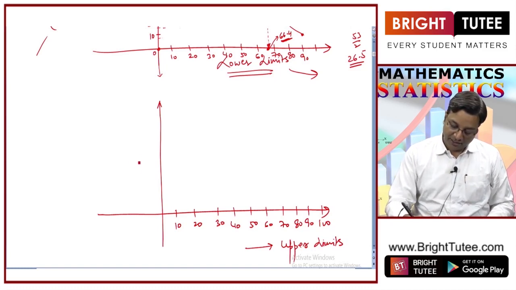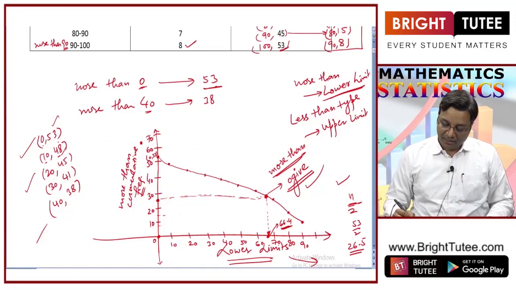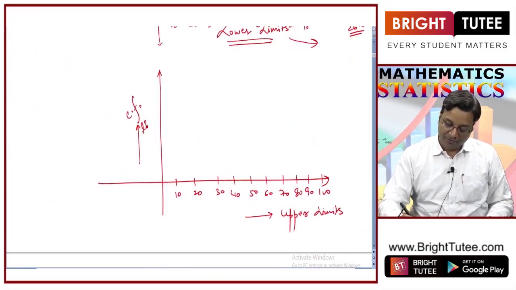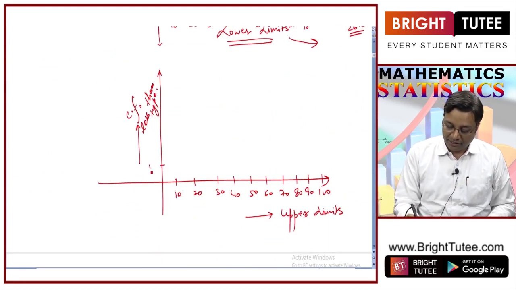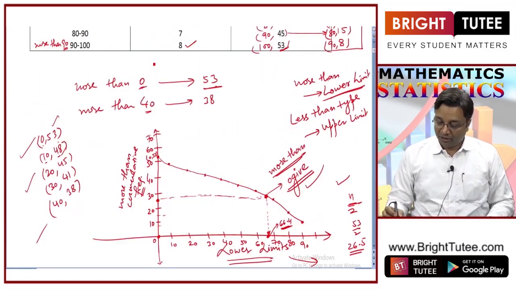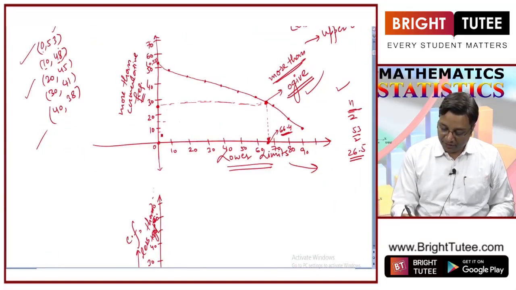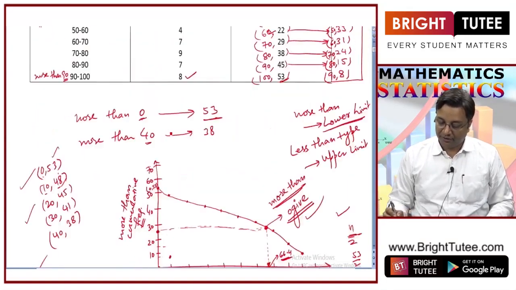And here I will have cumulative frequencies, this time less than type. Let it be 10, 20, 30, 40, 50, 60, 70 and so on. So, the first coordinate that I have here is 10, 5. So, 10, 5 will be somewhere here.